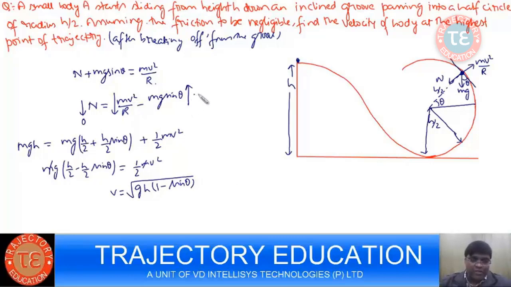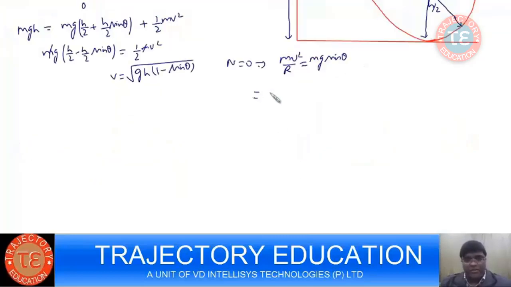So if I put it here, for N to be 0, mv square by r must be equal to mg sin theta, right? So m and m will cancel out. So gh times 1 minus sin theta, divided by h by 2, equals g sin theta.